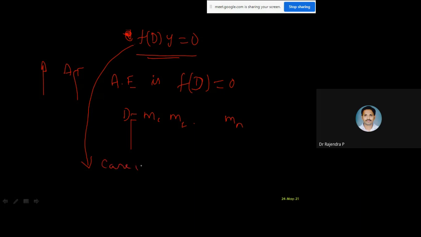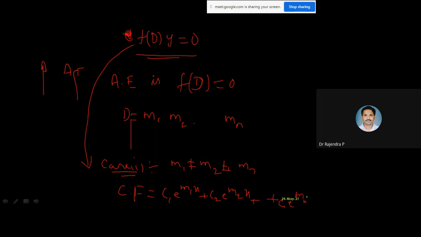Usually we will discuss cases. In case 1, assume that all roots are distinct, meaning m1 not equal to m2 not equal to and so on up to mn, all distinct roots. Then the solution, which we call the complementary function, is CF equal to C1 e power m1x plus C2 e power m2x plus and so on, Cn e power mnx.